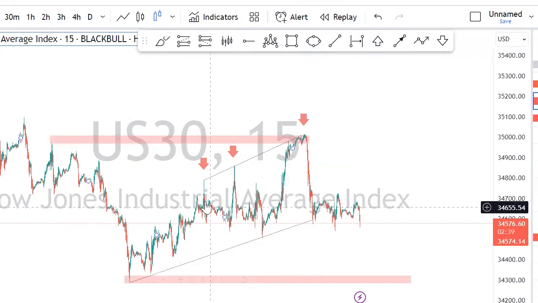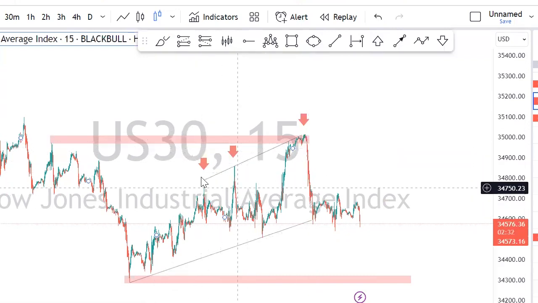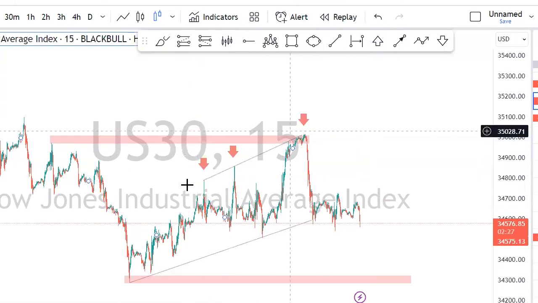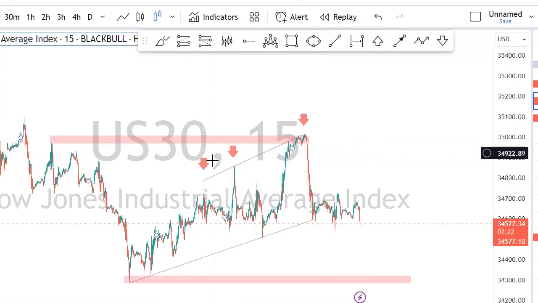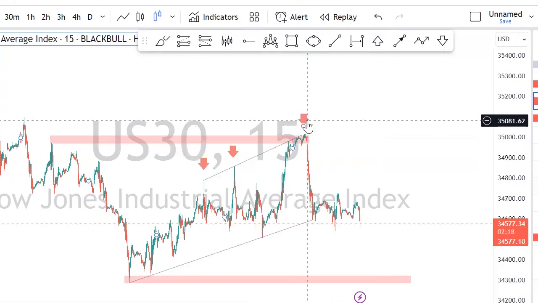That was the first confluence, right? And then the second confluence, or the second reason for us to sell, or confirmation, is that we have 3 touches on our resistance. 1, 2, 3, right? Which is perfect.